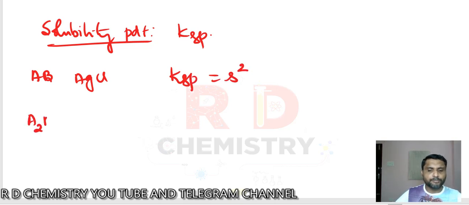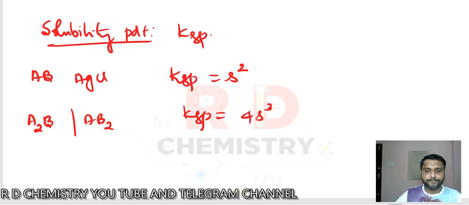Suppose it is an A2B type or AB2 type salt, then Ksp is equal to 4S to the power 3. We can go on deriving all these things, which is required to solve problems, either the Ksp value or the S value, so you have to find the other one. Clear?